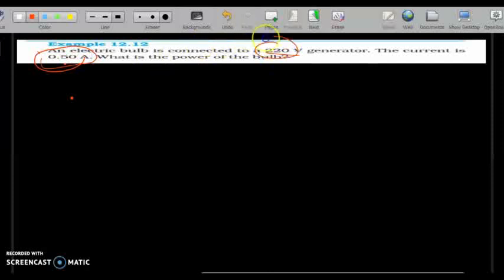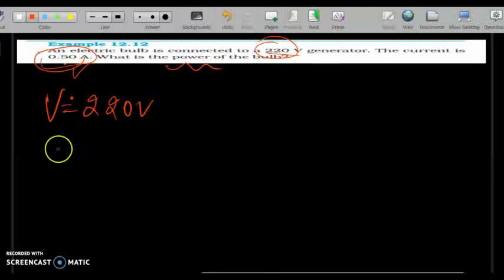So that's voltage given and the current given. What is the power? So simple. Actually, the answer is very simple. So it is given as voltage 220 volts and the current I is equal to 0.50 ampere. So you have to calculate the power.